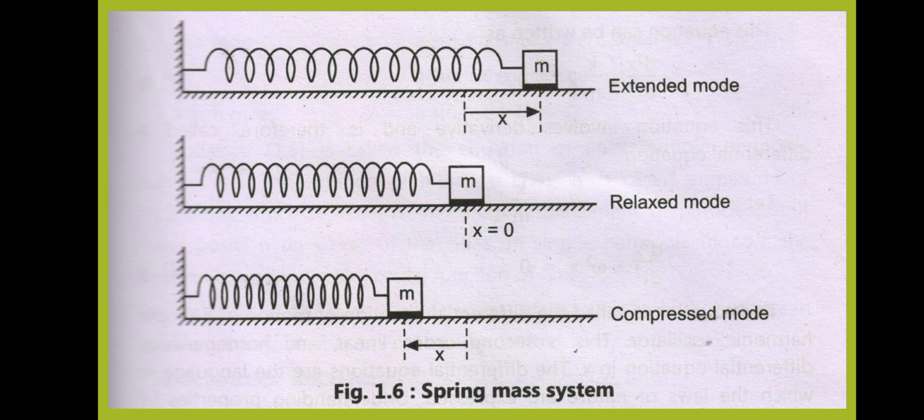If the mass is pulled through a small distance x and released, then the mass is set into oscillation. The oscillations are set up due to the elastic restoring force set by the spring, directed towards the equilibrium position.